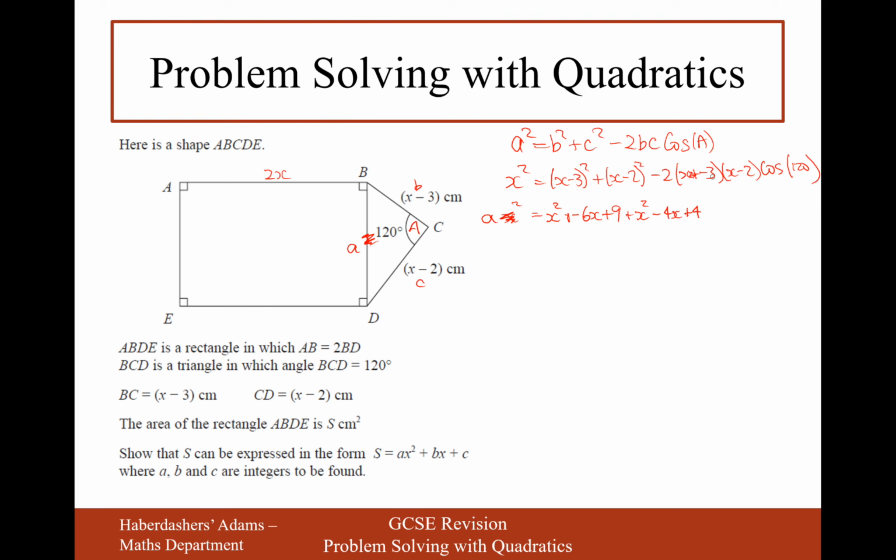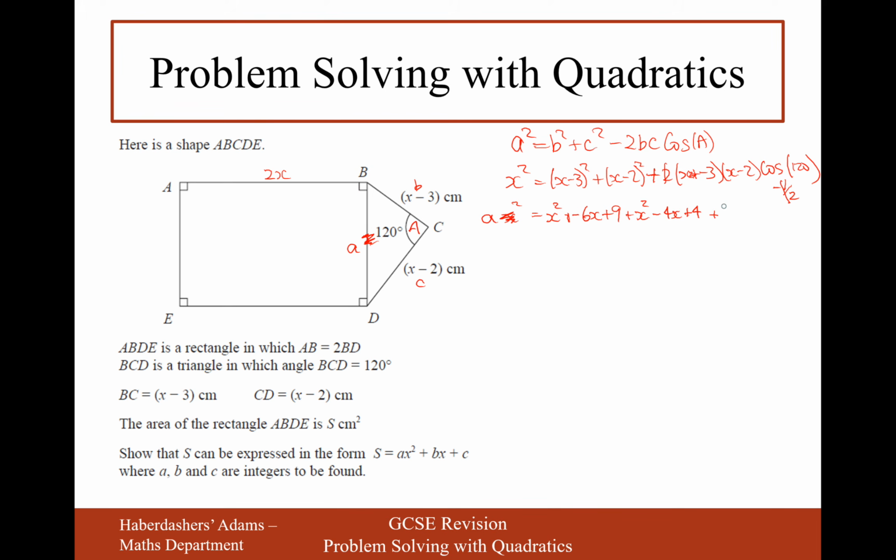Okay, let's now sort out the back part. What's cos 120? Cos 120 is minus a half. So the half component will cancel out the 2 at the front, and the minus component will cancel out with the minus at the front to make it a plus at the front.